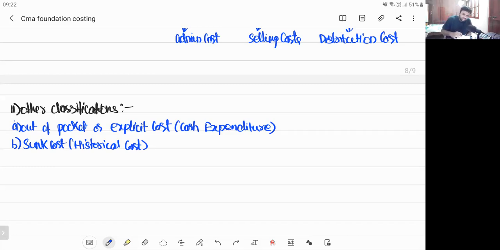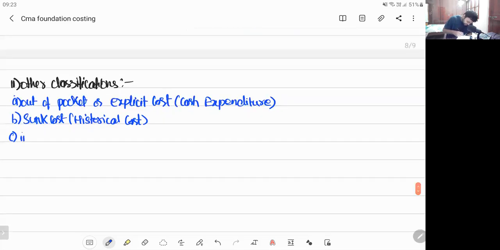Next, point number C, imputed or notional cost. What do you mean by imputed or notional cost? Imputed or notional cost means these costs are notional in nature. There is no cash outlay here. Depreciation is not imputed or notional cost, my dear friends. Remember that.